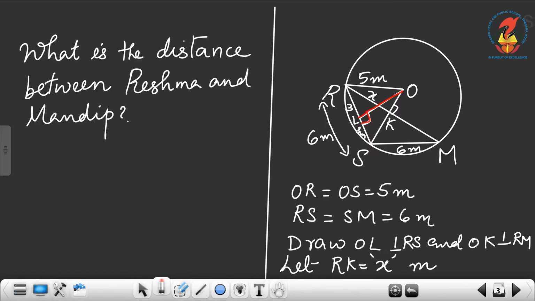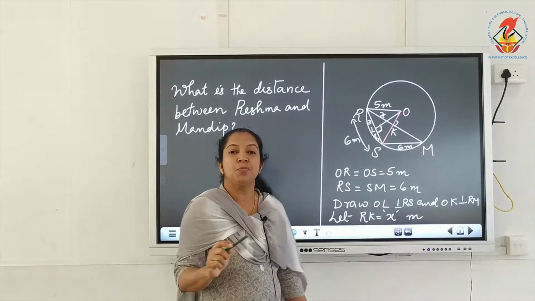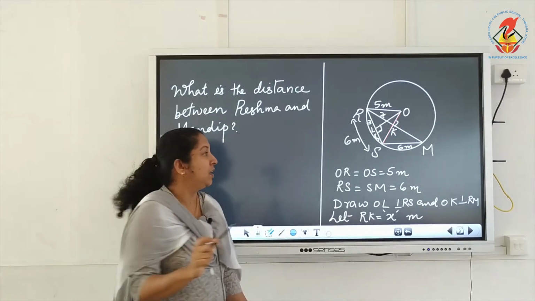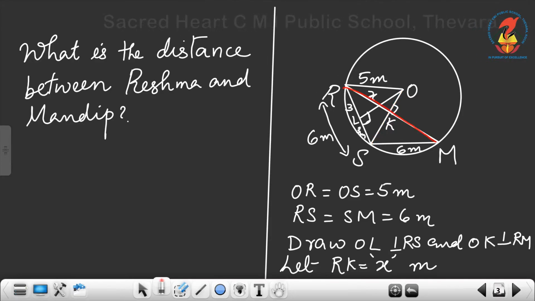One is OL perpendicular to RS and the other one is OK perpendicular to RM. What you have to find is the distance between R and M.